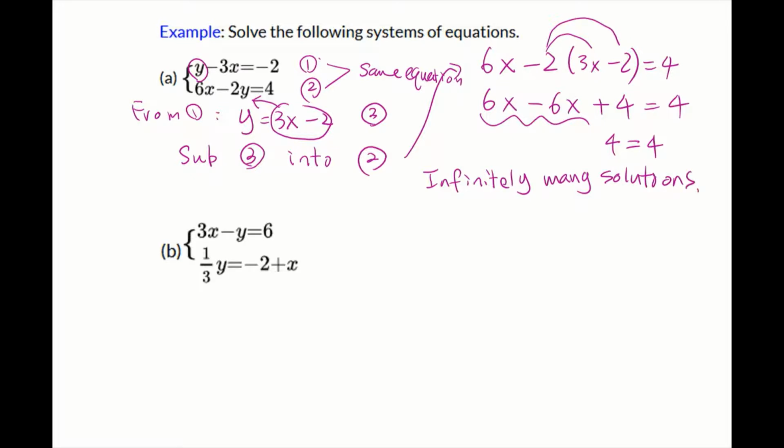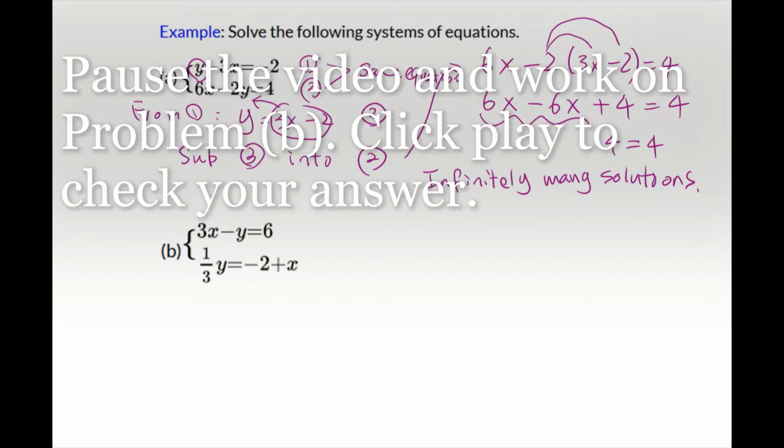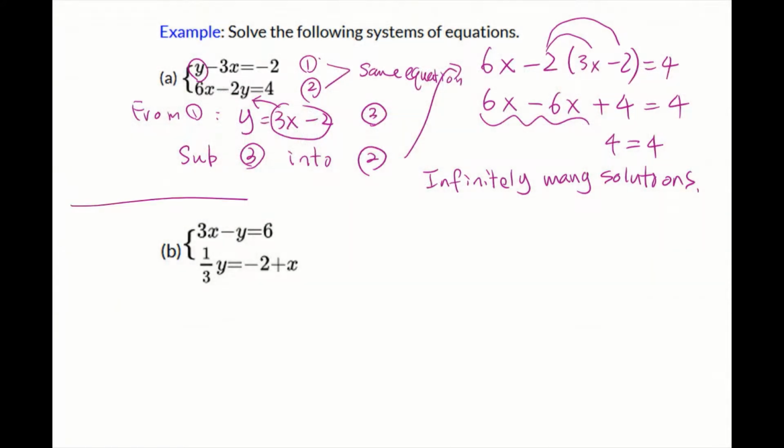So every point on that same equation is a solution. So we have infinitely many solutions. That's problem A. Now let's look at B.